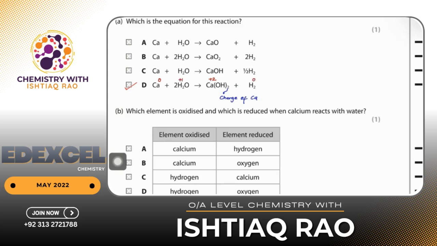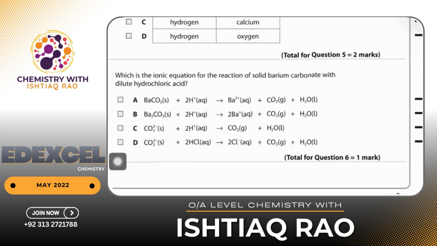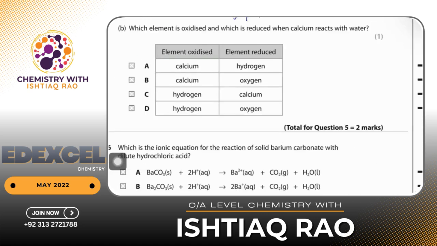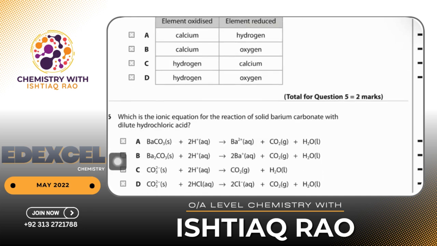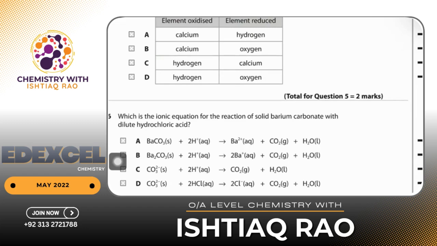So calcium is losing electron, so this is oxidation. So calcium is oxidized. We have two options, A and then B. So then element reduced, of course, element is hydrogen. So option B is correct.